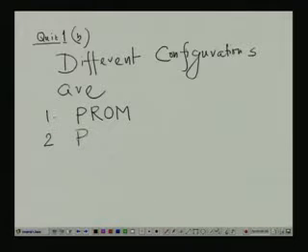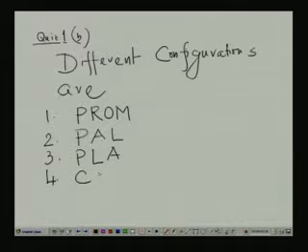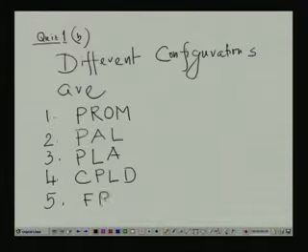Second is programmable array logic, PAL. Third is programmable logic array, PLA. Fourth is complex programmable logic devices or CPLD, and fifth is field programmable gate array or FPGA. So, these are the 5 configurations we have read. There may be some more in the literature, but in most cases they are part of or some variety of one of these configurations.